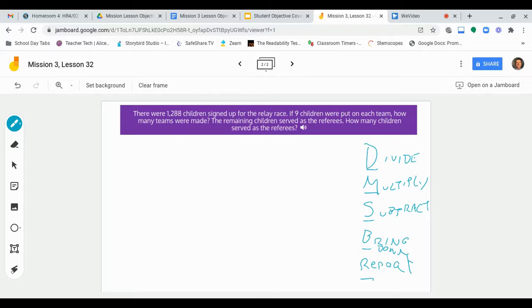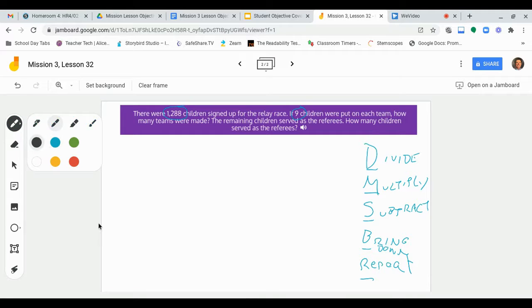So if I look at this, what's my total? My total says there are 1,288 children. And then how many were put on each team? 9 were put on each team. Okay, so I have 1,288 total, and I'm dividing them into groups of 9. So what equation do I need to use to solve that?